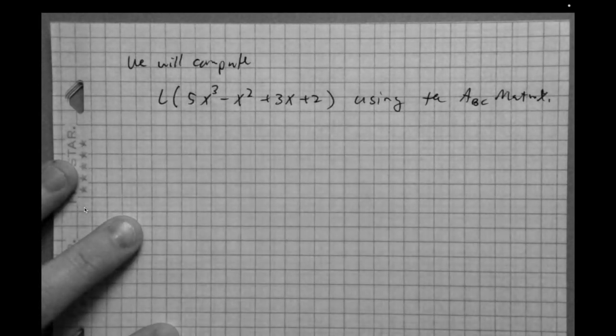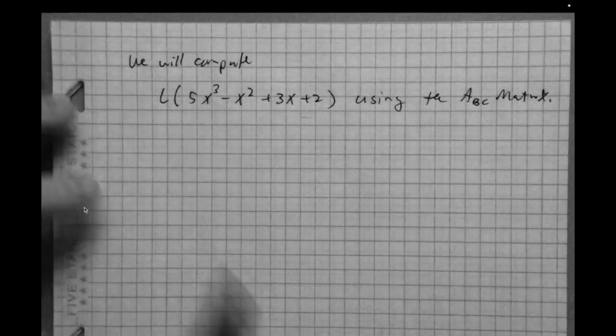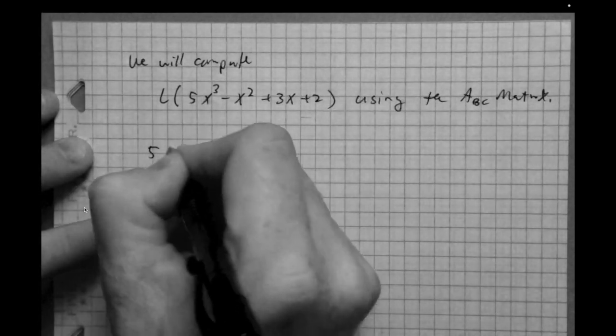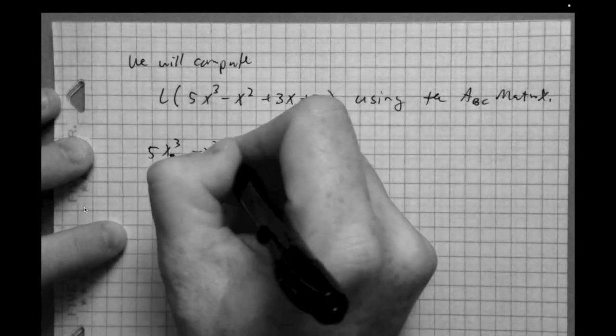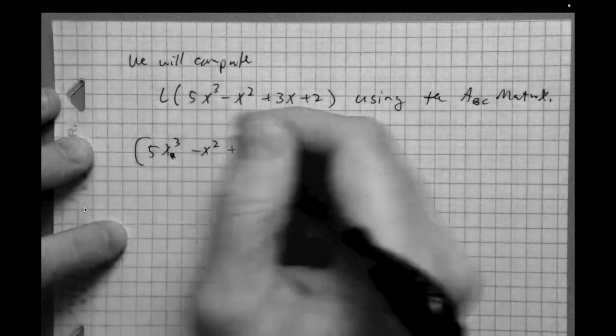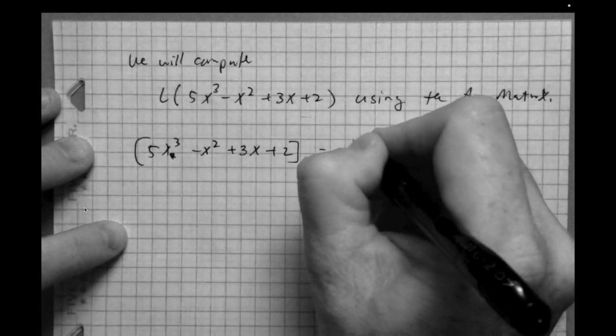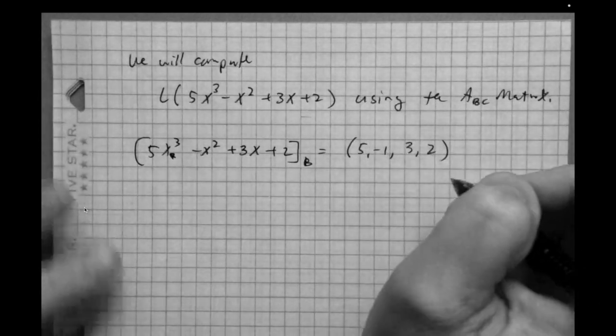Okay, so let's coordinatize this. You're always multiplying by the coordinates, right? So basically 5x cubed minus x squared plus 3x plus 2 coordinatized in B is of course equal to 5, -1, 3, 2.